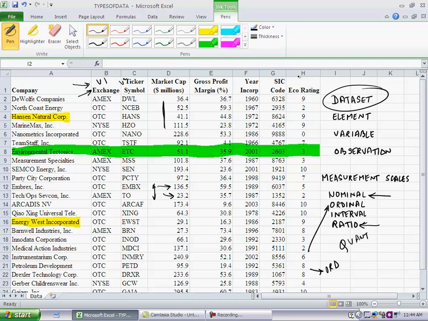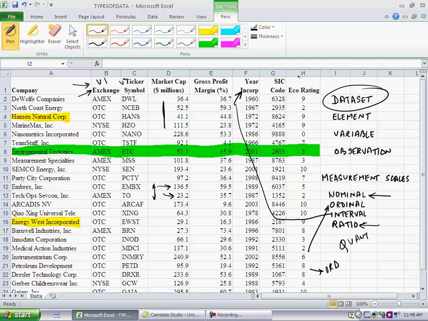Now, if you look at the variable called year of incorporation, 1960, 1967, 1998, 2001, this is an example of interval scaled data, which means that differences make sense. So if you think about year 0 in the Western calendar, year 0 is not the beginning of time. It's simply a convenient point at which to start measuring time.